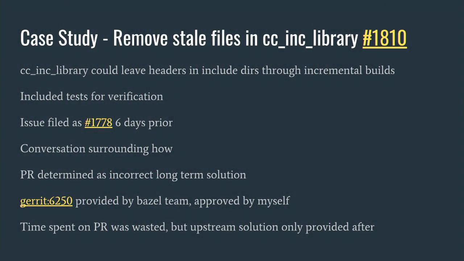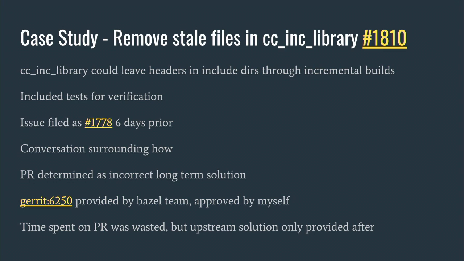Hopefully we'll get through this case study quickly. CC Inc. library, so that dates this submission itself. We ended up with a stale situation here where we couldn't properly get this determined. Essentially, we filed an issue where a CC Inc. library could leave things around, and we went back and forth on what happened here. We got some core members of the Bazel team involved, and the Bazel team eventually decided that the desirable solution would be a slightly different one that was provided internally.